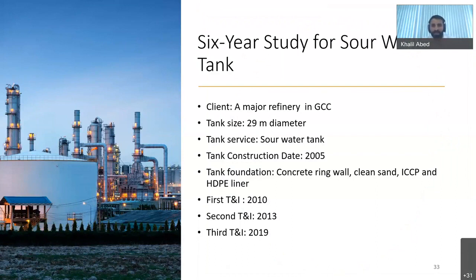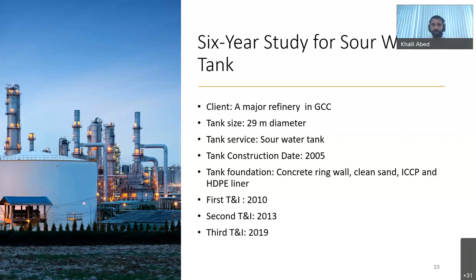The tank leaked in 2010, so we're talking about 5 years from commissioning date, and was taken out of service for inspection and repair back then in 2010. After 3 years, the tank leaked again and was taken out of service. It's a severe case, and it was taken out of service for inspection again.